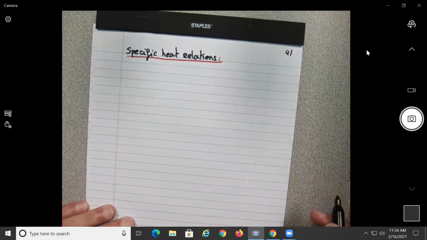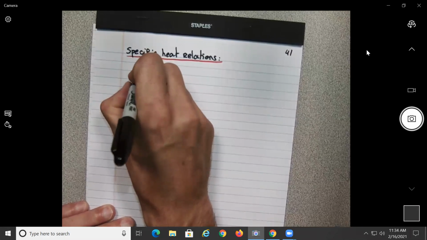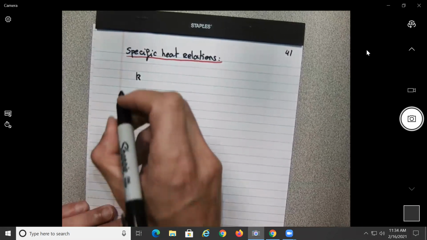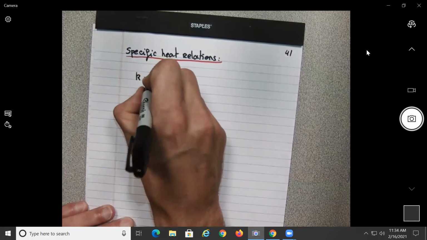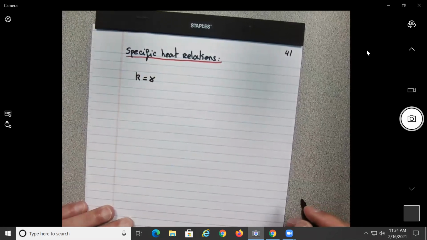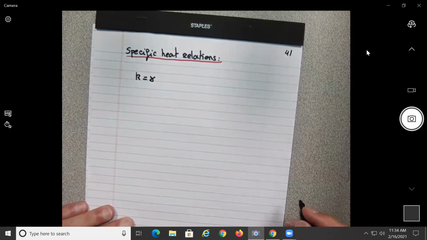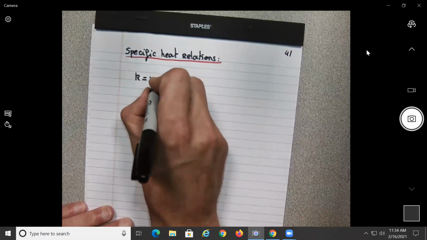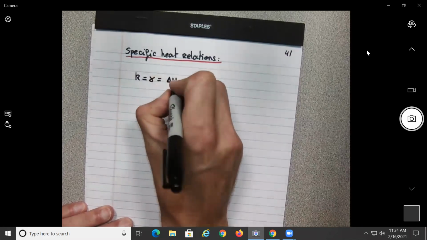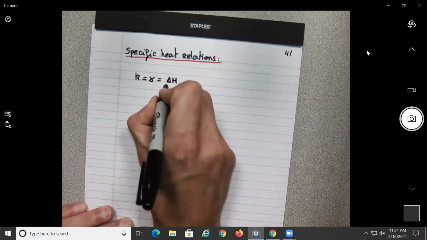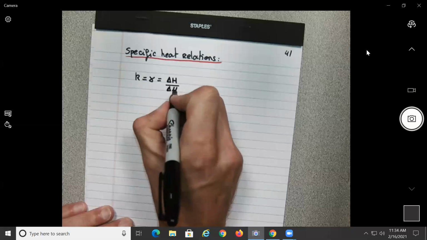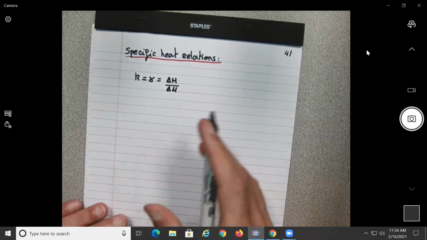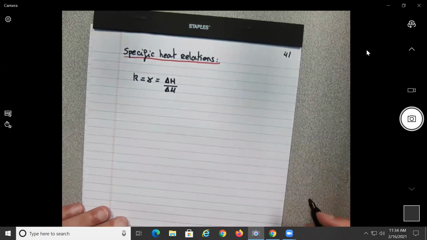So let's see, we have the constant K in the book, and in later classes in aerospace, we have the letter gamma. By definition, it is equal to the change in enthalpy divided by the change in internal energy, even though people do not really recognize that.